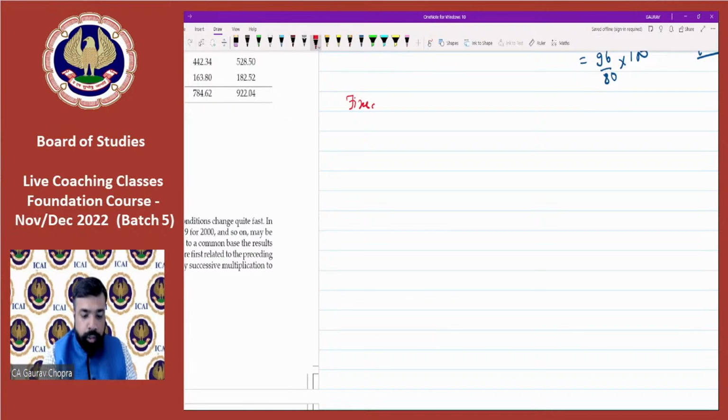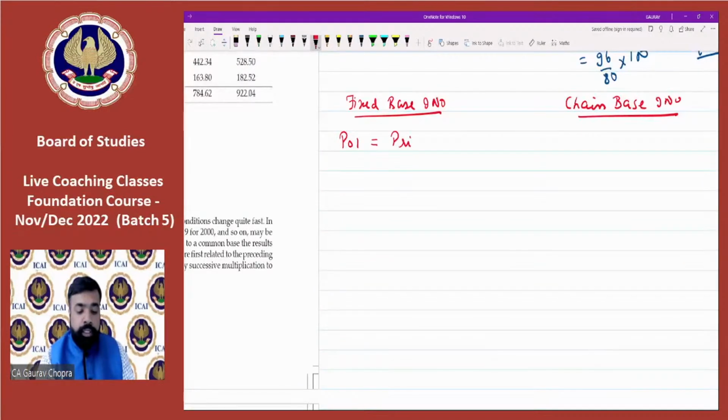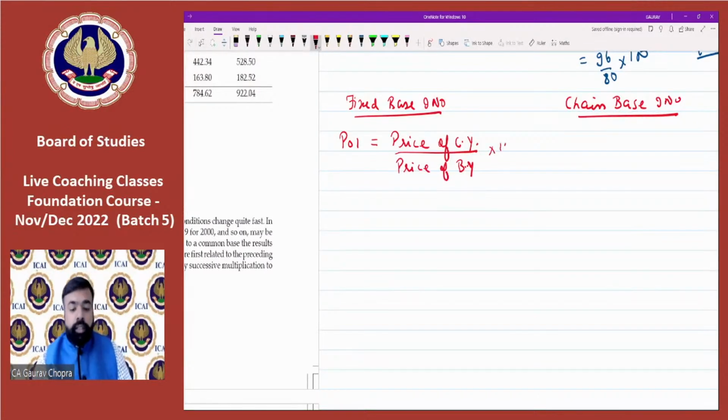Fixed base index number means price of the current year divided by price of the base year and then multiplied by 100.